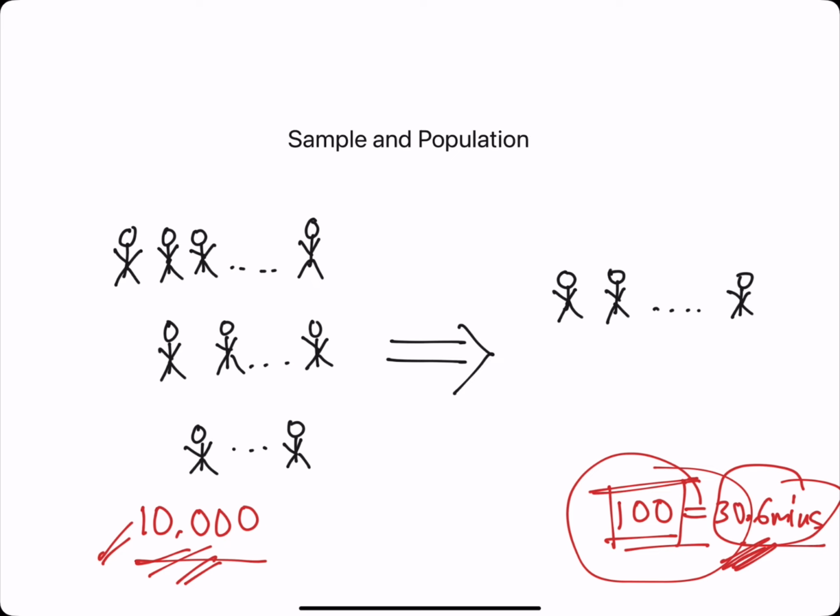Okay, now coming to sampling distributions, let's go back to our original example. Here we have randomly selected 100 students from our population, and the average commute time we found to be around 30.6.